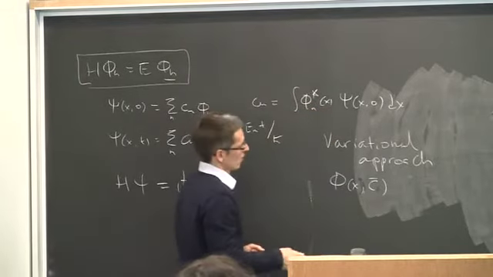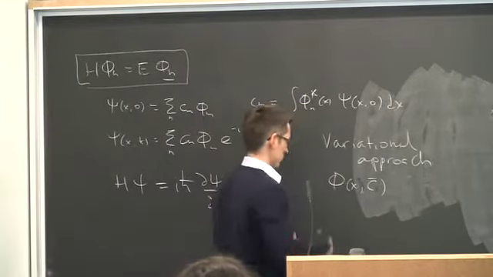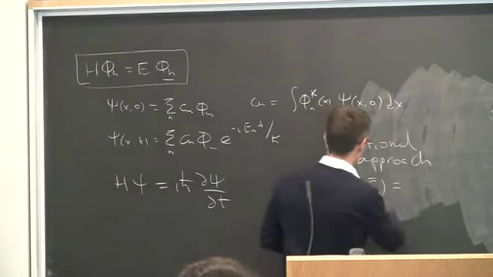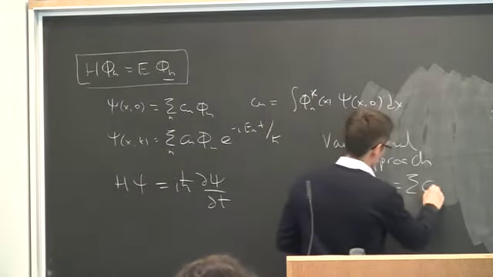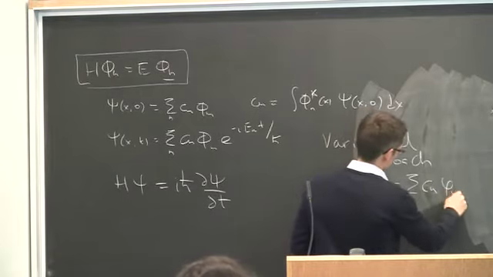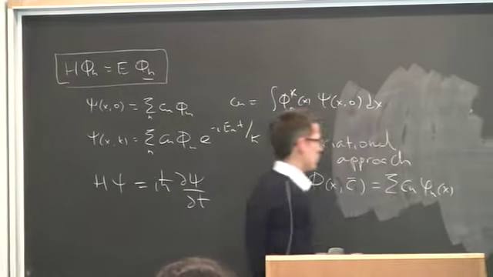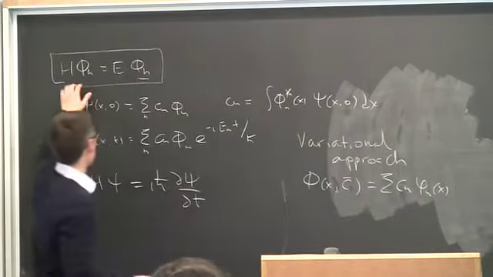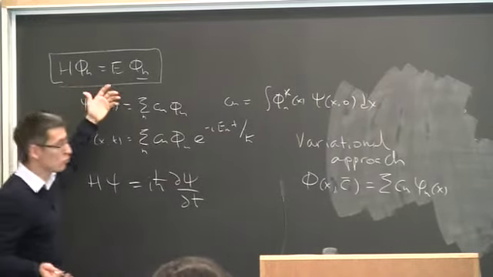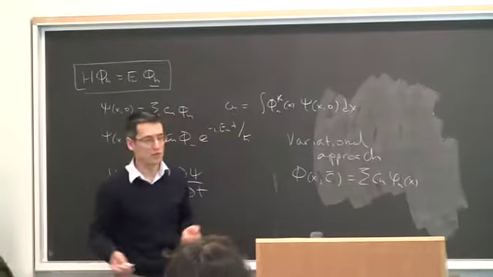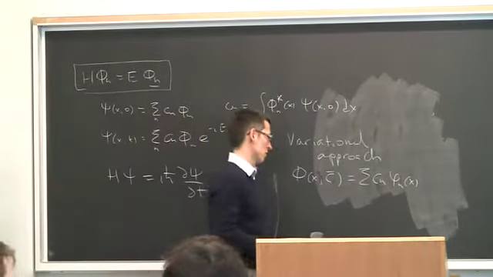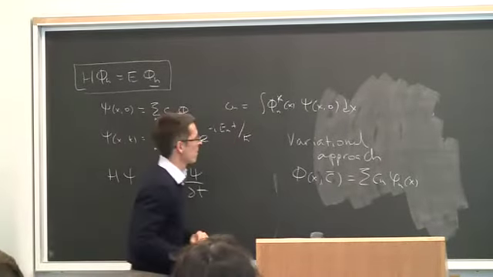The simplest example would be that this trial function of yours is a linear combination of some known functions, which are not necessarily eigenfunctions of the Hamiltonian, because if you knew eigenfunctions of the Hamiltonian, you wouldn't be putting in the coefficients for solving this problem, right?